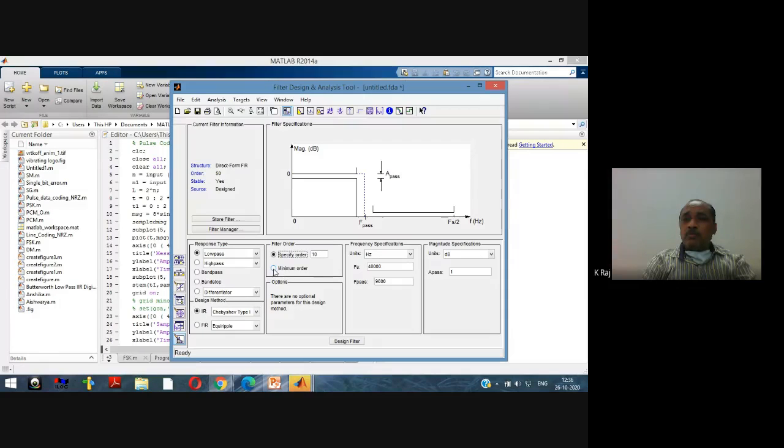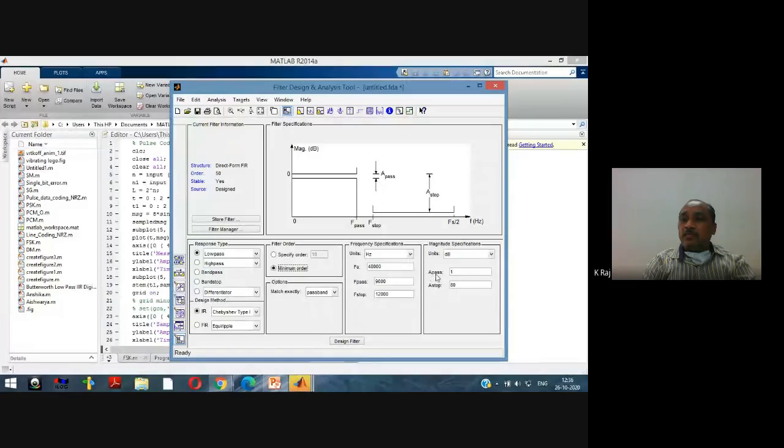Now if we select minimum order, then we have to describe all the frequencies: the pass band edge frequency, the stop band edge frequency, and the sampling frequency. And then, in the next dialog box, we have to select the attenuation in the pass band and the attenuation in the stop band.